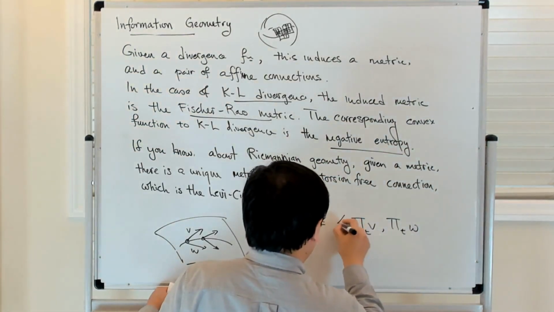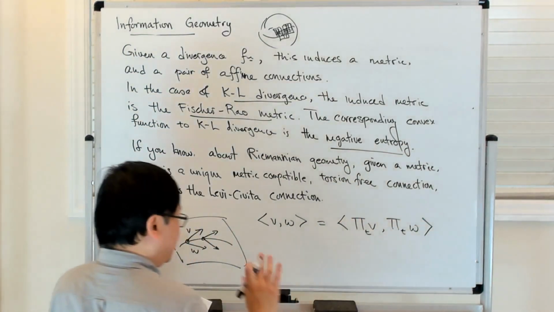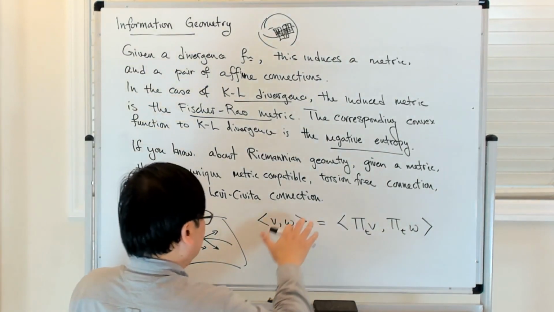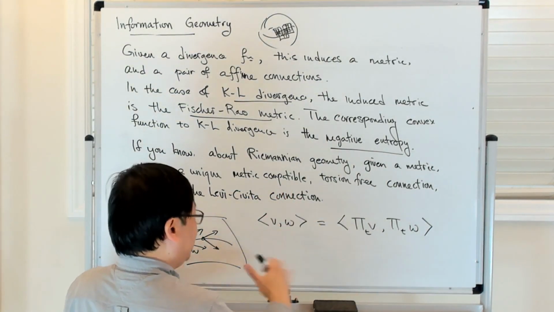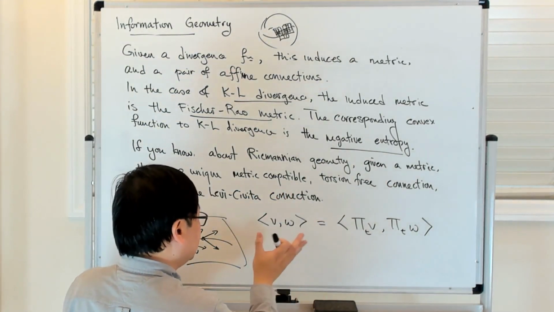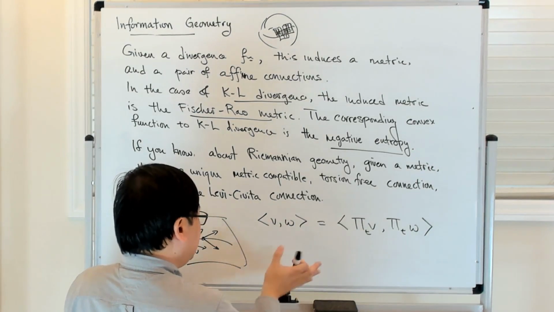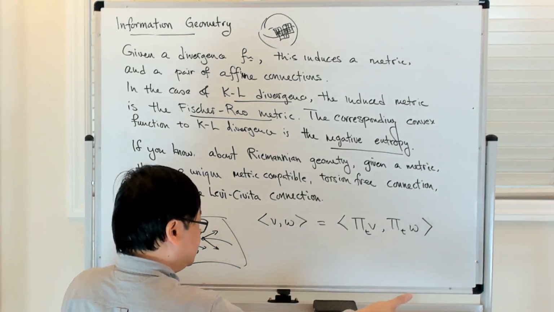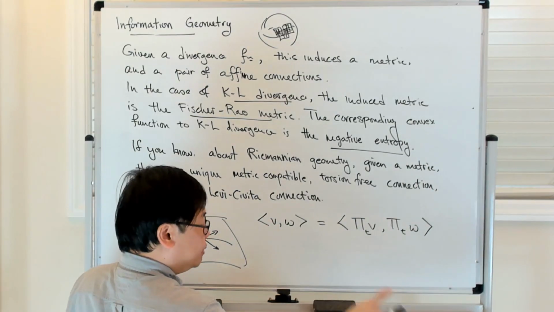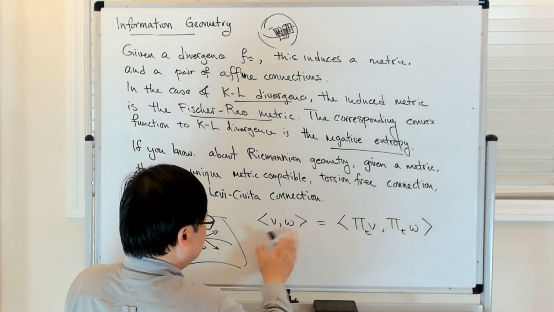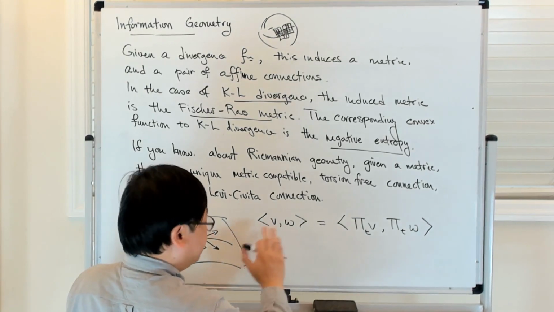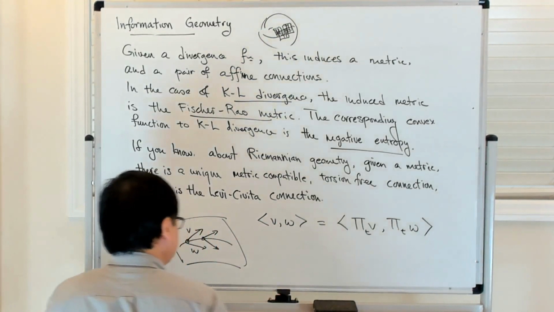And you can ask, what is the inner product between those parallel transported vectors? If that notion of parallel transport is metric compatible, then when you parallel transport those vectors and take the inner product between them, it stays the same value as the original inner product of those two vectors.